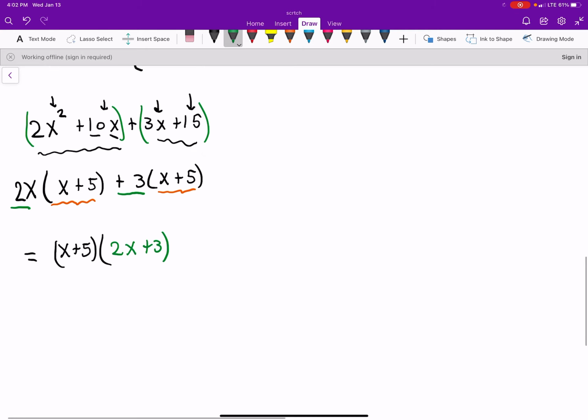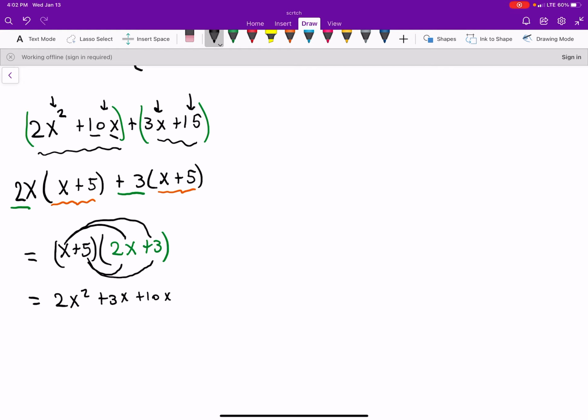We can check this by distributing. x times 2x is 2x squared. Plus 3x: x times 3 is 3x. 5 times 2x is plus 10x. And 5 times 3 is just 15.